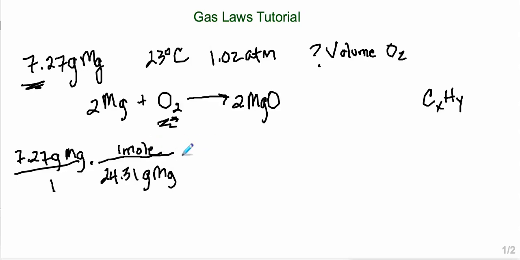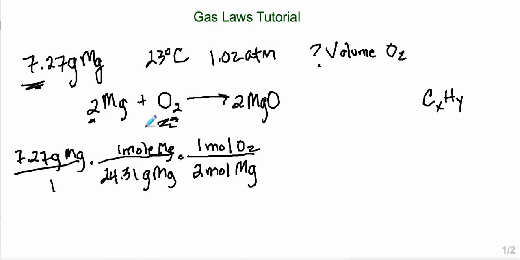And then I'm going to multiply it by the mole to mole ratio. And this is magnesium here. If I write it down, it reminds me that the 2 moles magnesium goes in the bottom per 1 mole O2 at the top. The 2 I got from the coefficient for magnesium. There's no coefficient for oxygen, so it's understood to be 1.